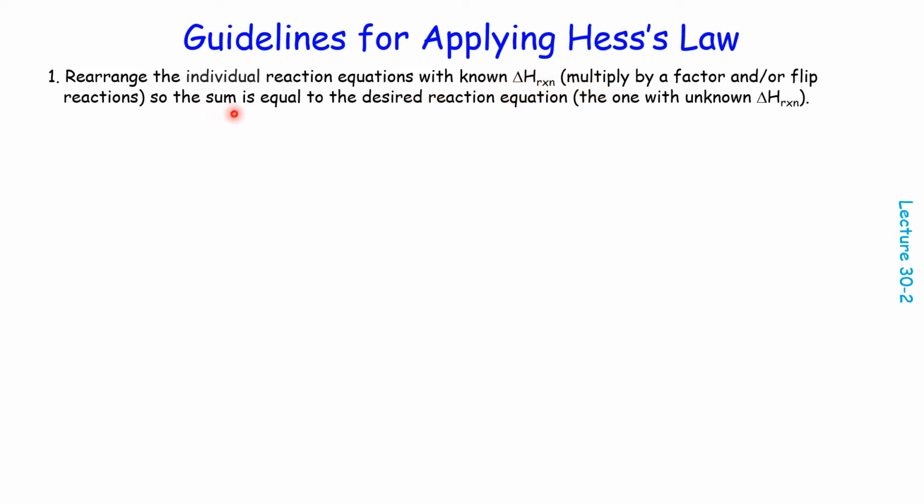When you add up those individual reactions, the sum should equal the desired reaction, or the overall reaction, which means it's the one with the unknown delta H of reaction. That's your overall strategy. You rearrange the individual reaction equations.